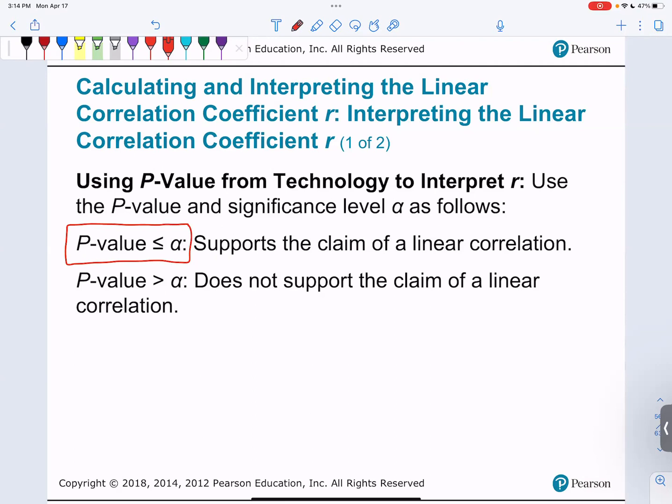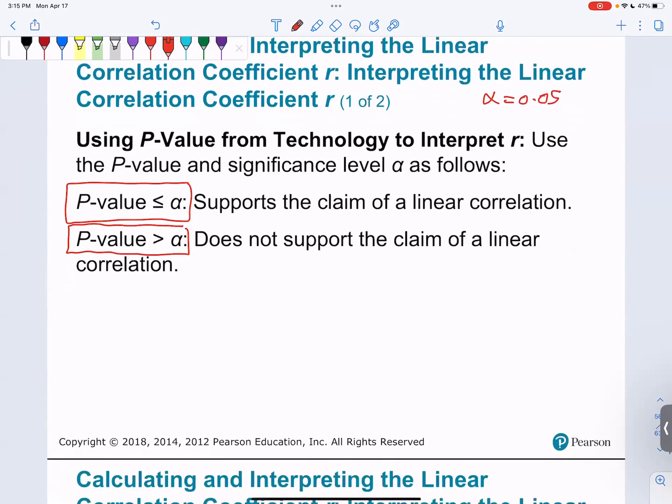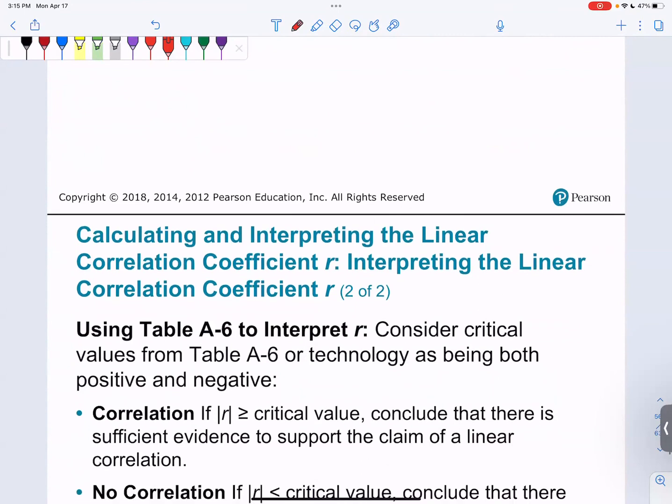So if this p-value is less than alpha, which is most of the time equal to 0.05, this is the default value. But if the p-value is greater than 0.05, then we can say we don't have correlation between those two variables. And we will see in a second, when we use technology, how we can find those values.